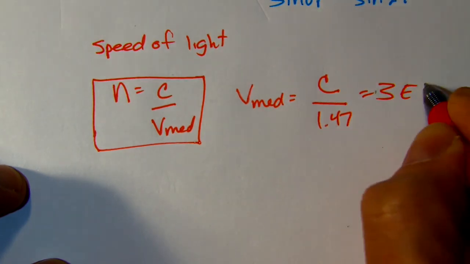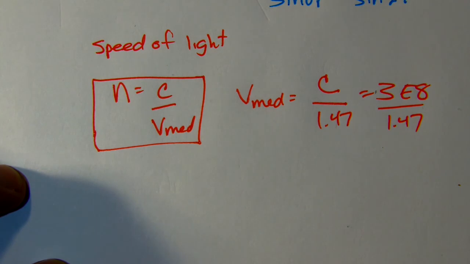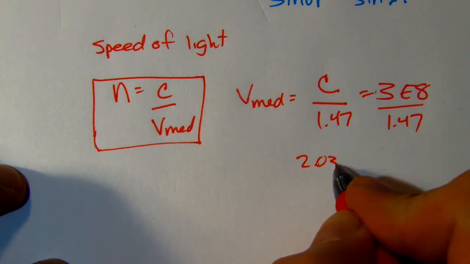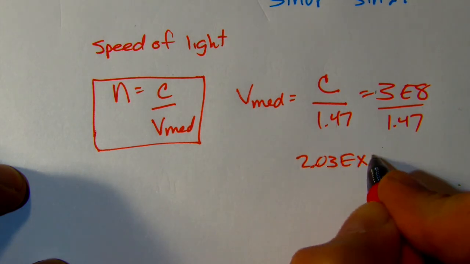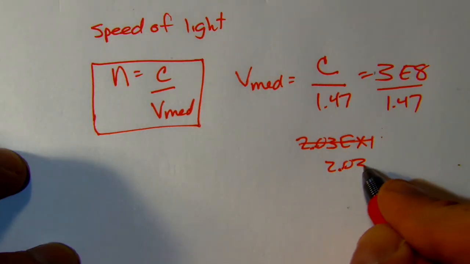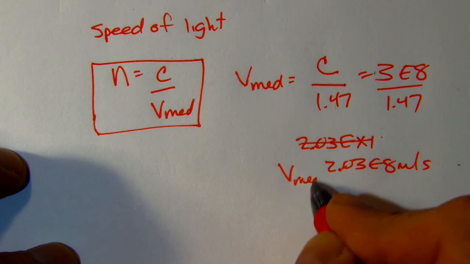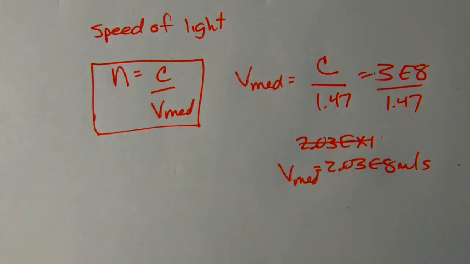So 3e8 over 1.47. And it comes out to be 2.03 times 10 to the 8th. So that's the velocity in that medium, which is probably water, but something like that.